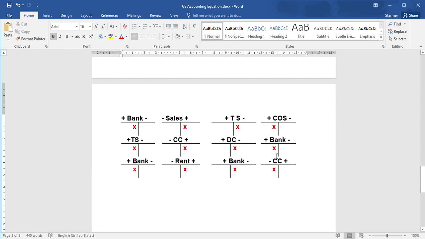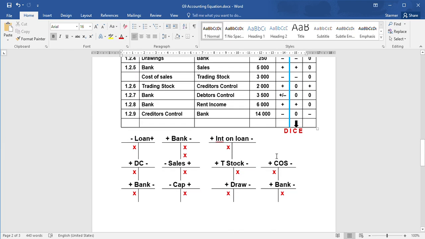So bank has X on the debit side, and debtors control has the X on the credit side. Now in this case here, bank is an asset going up. Debtors control is another asset which is going down. So for this case here, we've got plus minus under A, so 2 things are not affected here. We had one asset going up, the other asset going down.